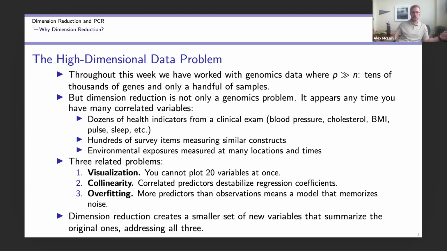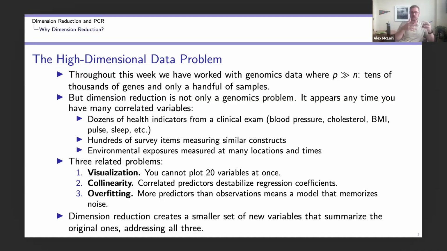Some examples: dozens of health indicators from a clinical exam are the example we'll use. We'll go over this. Hundreds of survey items measuring similar constructs, environmental exposures measured at many time locations. Another one is global economic indicators on a whole bunch of countries. How do we summarize that?